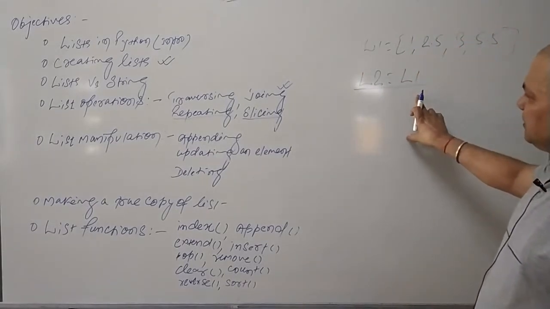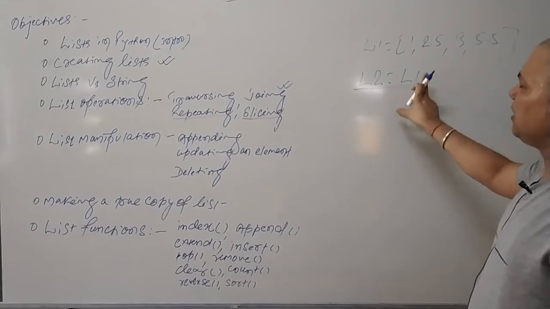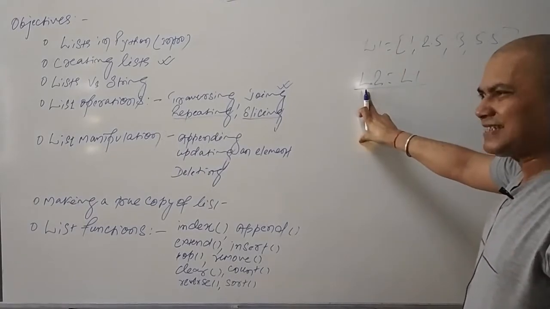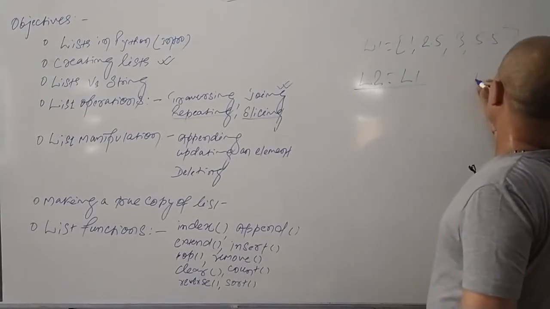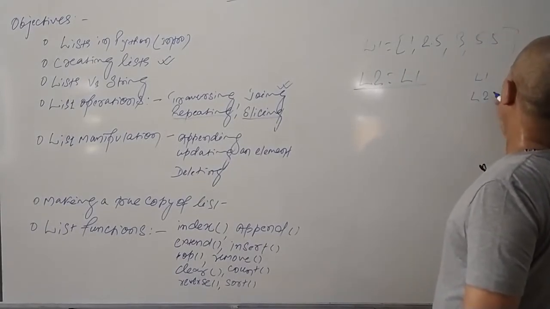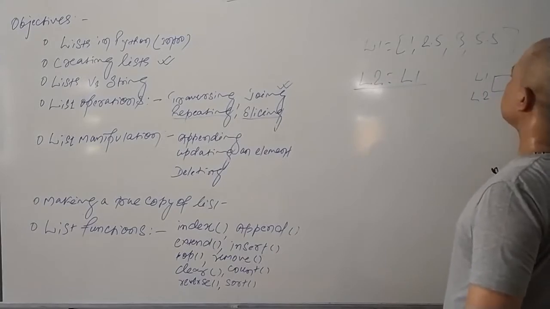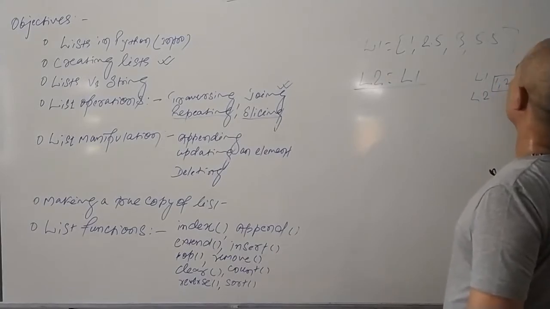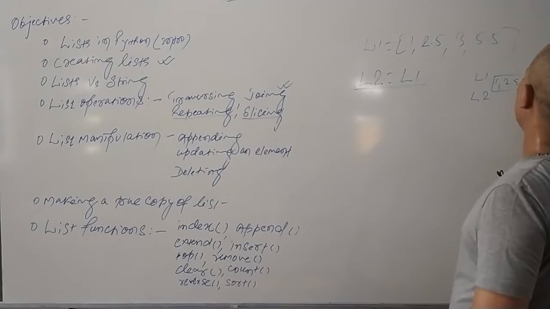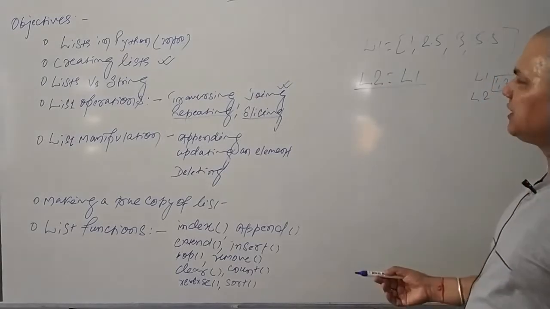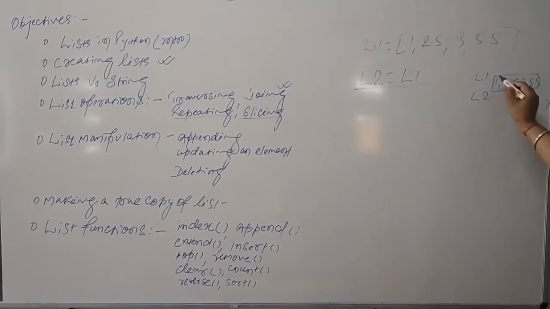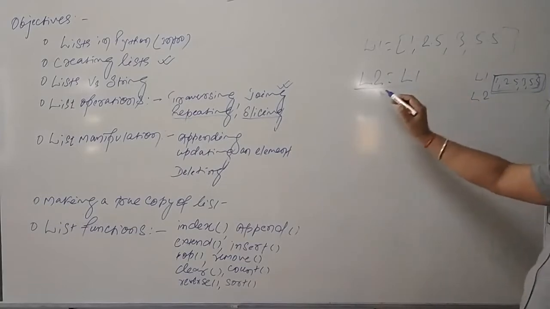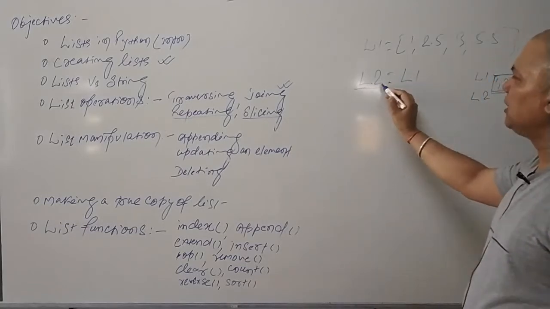Once in Python you assign a list name to another list, what will happen? L1 and L2 are now referring to the same list, that is 1, 2.5, 3, 5.5. So there are no two lists created. Basically L1 and L2 are two variables referring to the same element in the memory. That is what happens once you say L2 equal to L1.